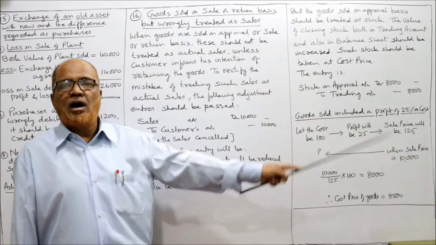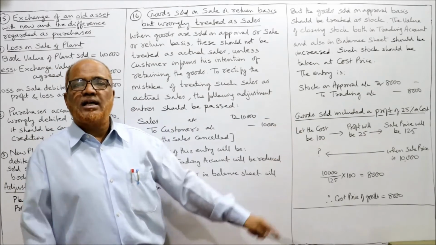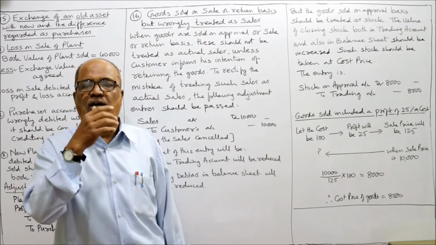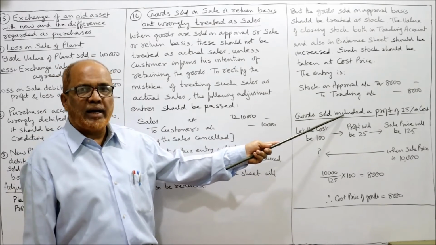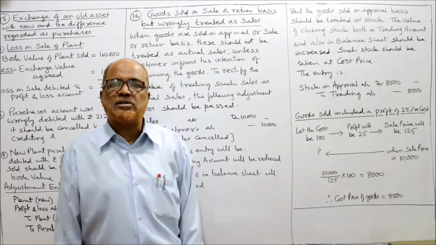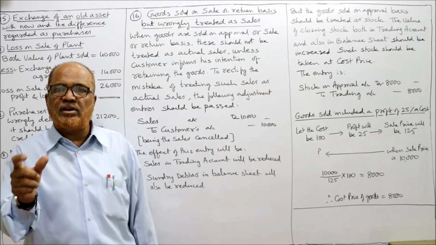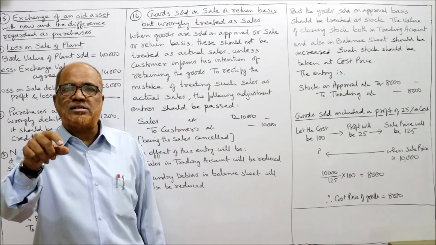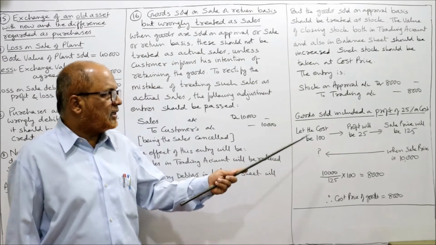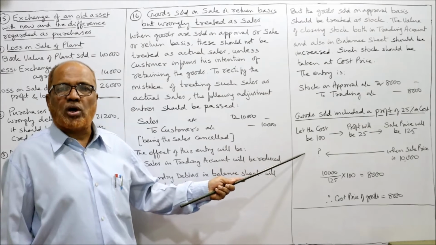The cost price. How to find out the cost price? The sale price is given as 10,000 rupees. And the information given is that goods sold included a profit of 25% on cost. This point is given in the problem. Goods are sold at a profit of 25% on cost. So let the cost be 100. Suppose cost is 100.